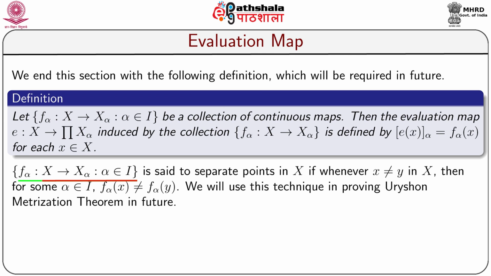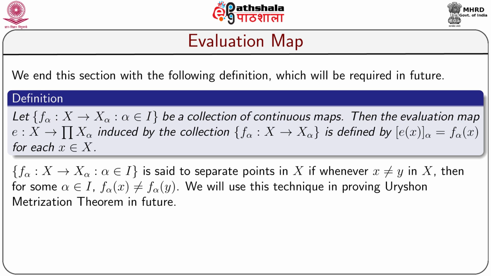The collection F alpha from X to X alpha, such that alpha belongs to I, is said to separate points in capital X if whenever x not equal to y in capital X, then for some alpha belongs to capital I, F alpha of x is not equal to F alpha of y.